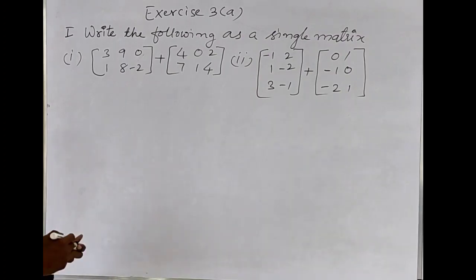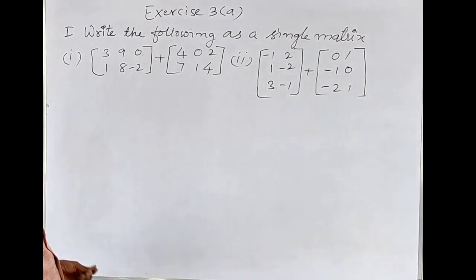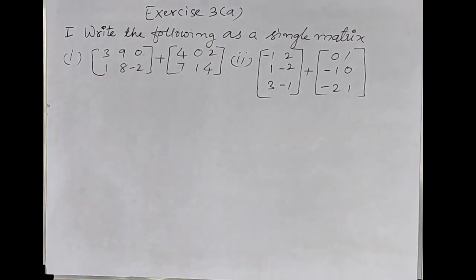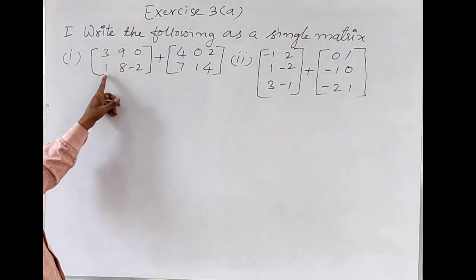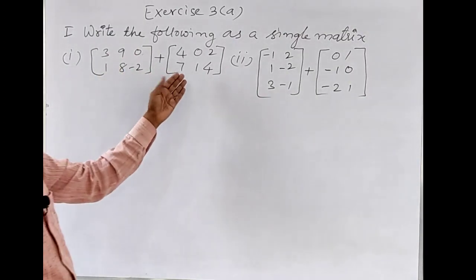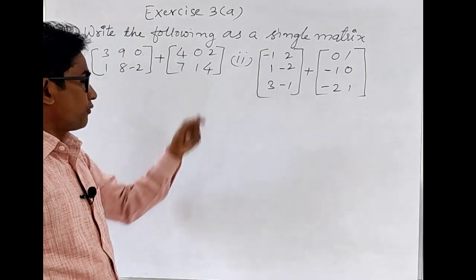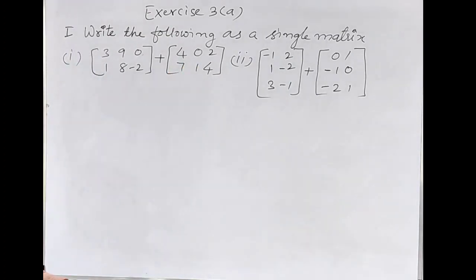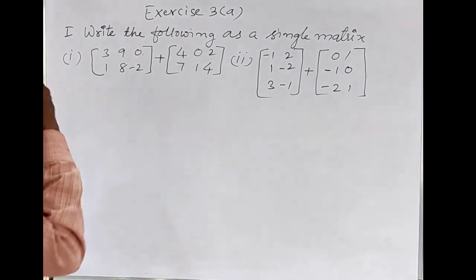Now look at the board. The problem from third exercise of matrix chapter. First one is write the following as a single matrix. So 3 9 0 1 8 minus 2 and another matrix 4 0 2 7 1 4. So this is nothing but addition of a matrix.